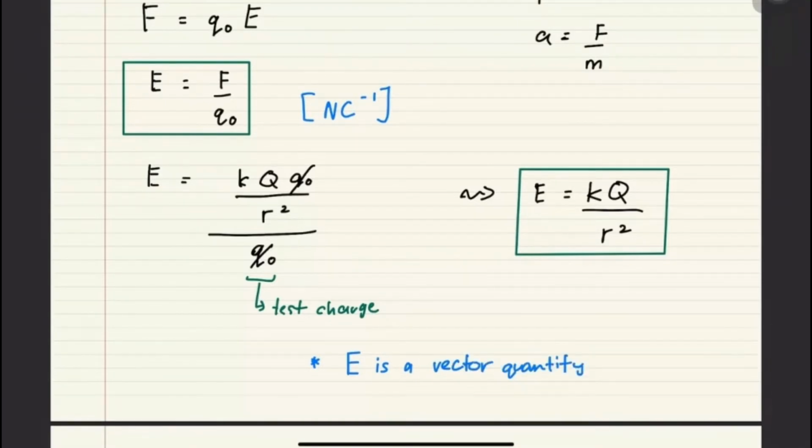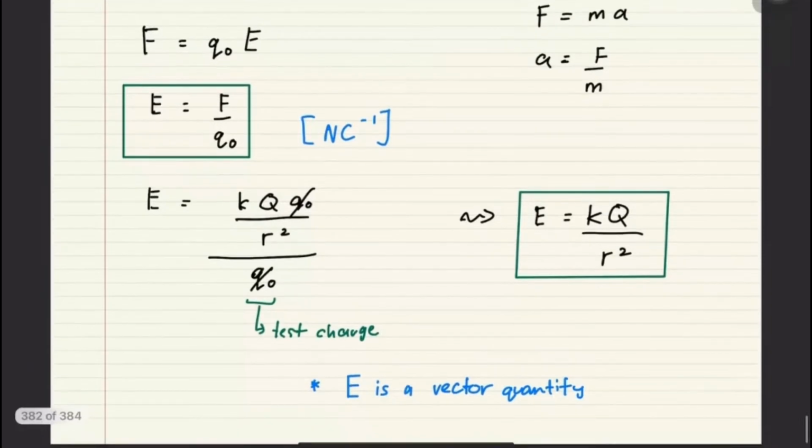Okay, which means that for the formula, you don't have to substitute the negative inside the formula. So the negative or positive charge tu kamu use untuk tentukan direction of E. Tapi dalam calculation you don't have to include the sign.